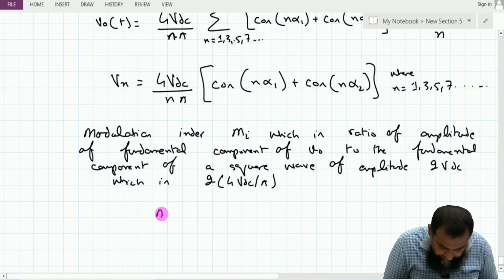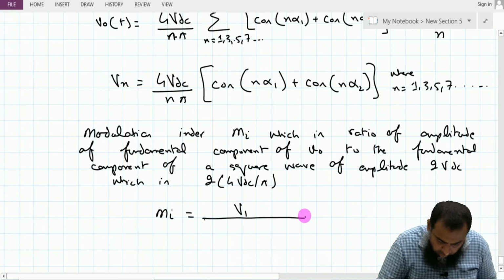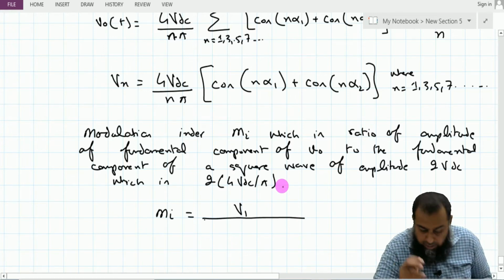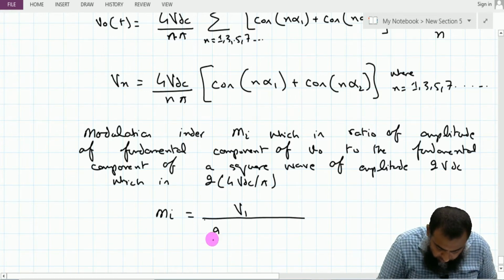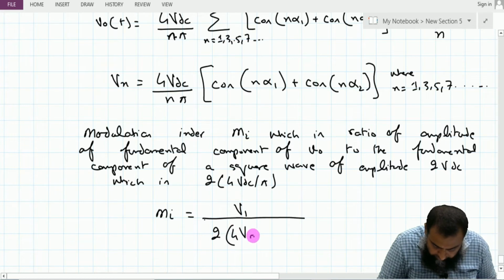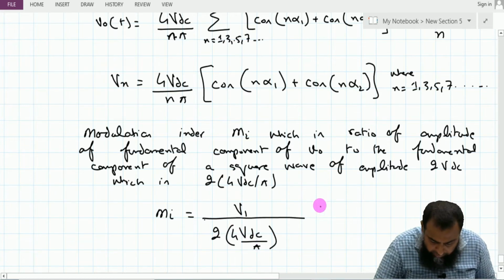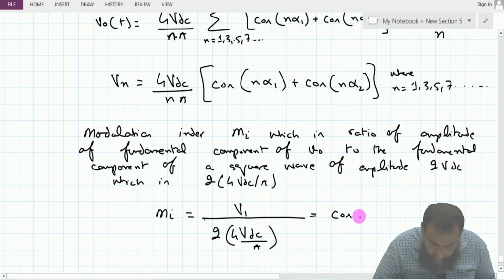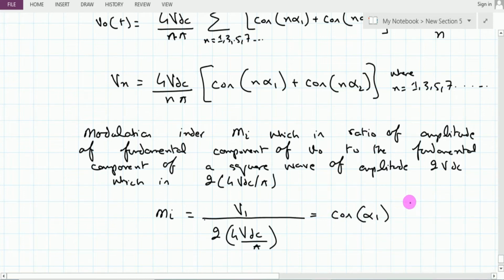So this Mi is equal to V1, which is the fundamental component of the output voltage V naught t, divided by 2 into 4 VDC over pi, and that is equal to (cos alpha 1, because n is equal to 1, plus cos alpha 2) divided by 2.